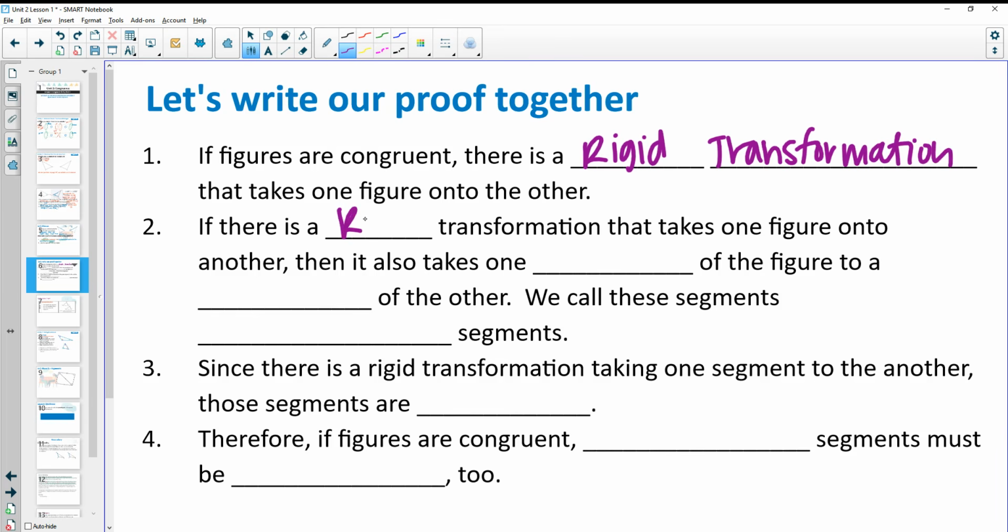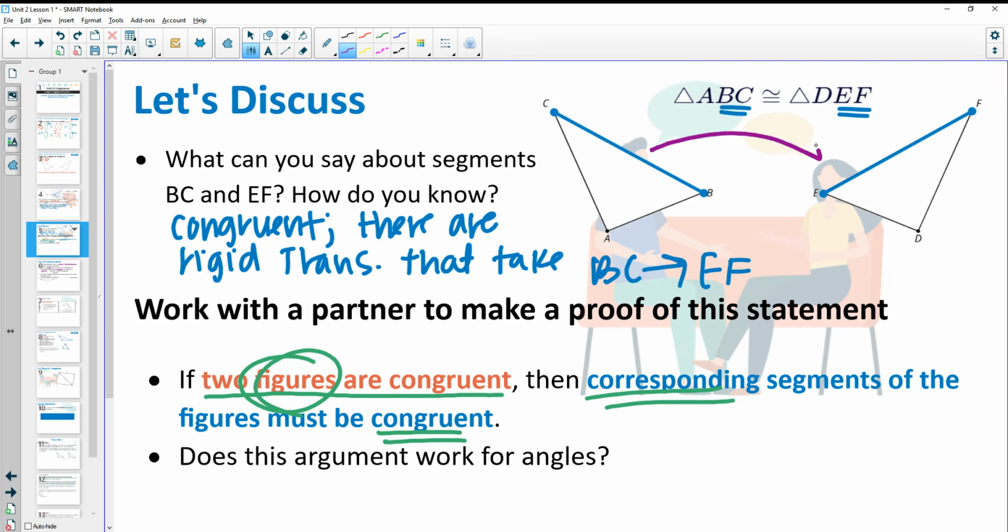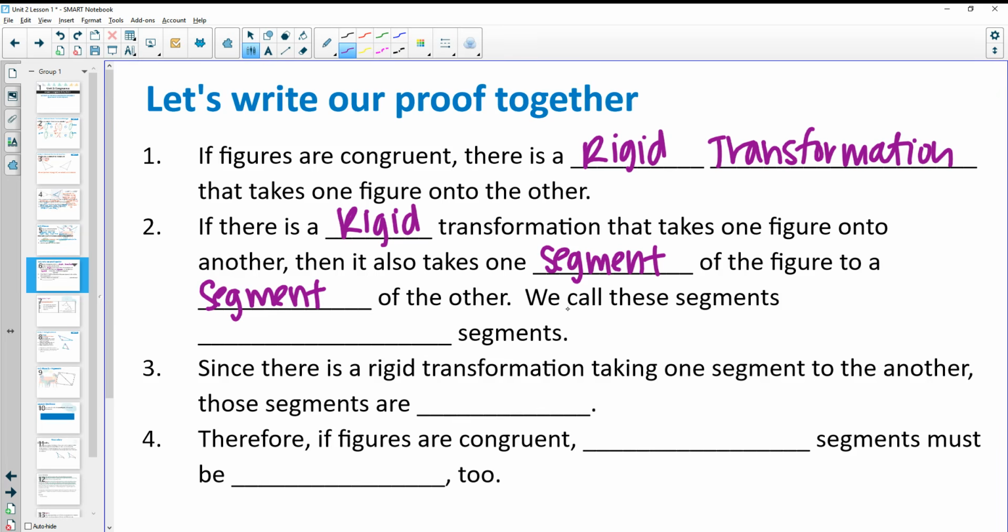So if there is a rigid transformation that takes one figure onto another, then it also takes one segment, because that's what we're trying to prove, to another segment of the figure, just like it did for BC to EF. Those rigid motions took BC onto EF. So we call these segments corresponding segments, not congruent. They are congruent, but we call them corresponding segments.